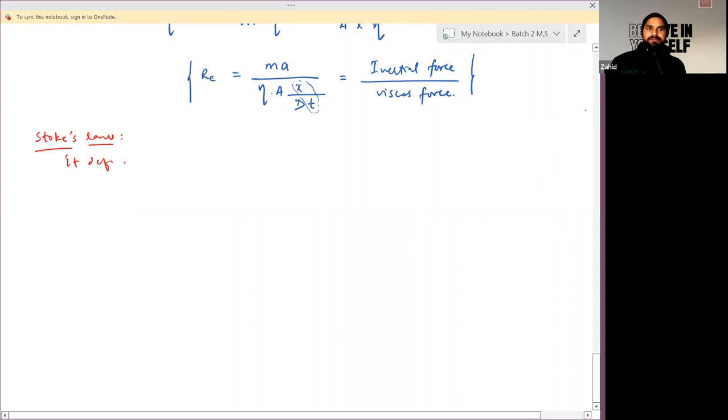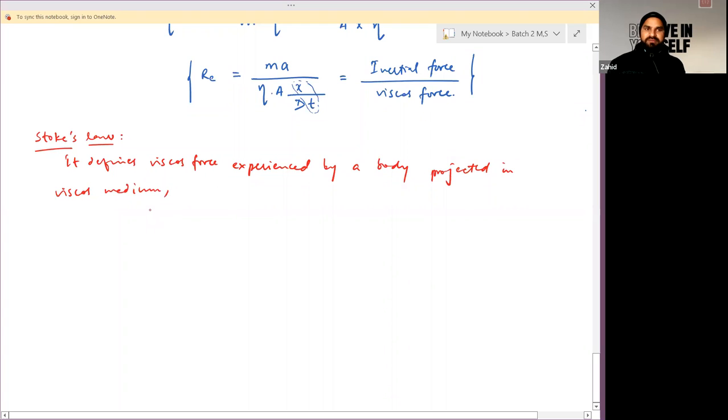So it defines the viscous force experienced by a body projected in a viscous medium.